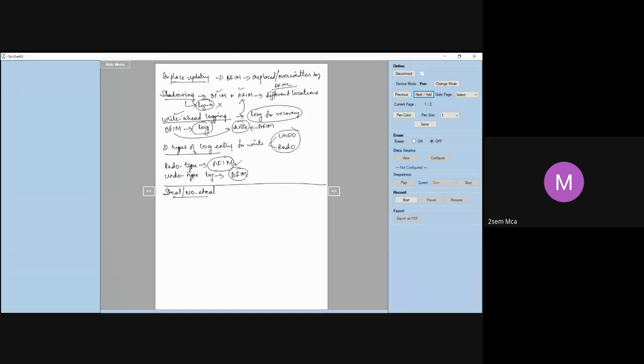What do we mean by in place updating, shadowing, write ahead logging, steal, no steal? Redo algorithm, undo algorithm, what are log entries? These are all very important concepts when we talk about recovery techniques.